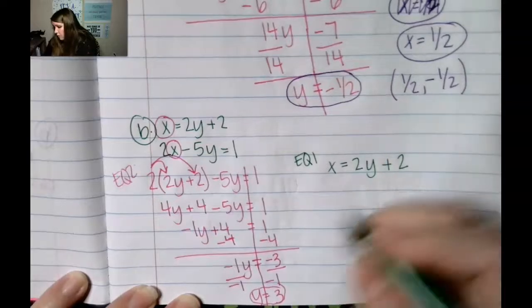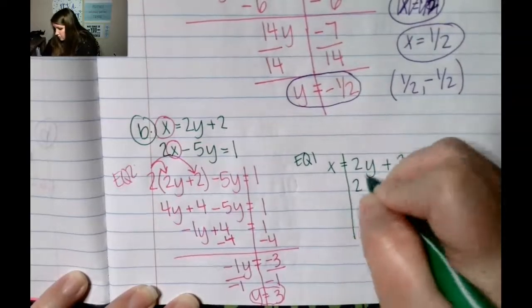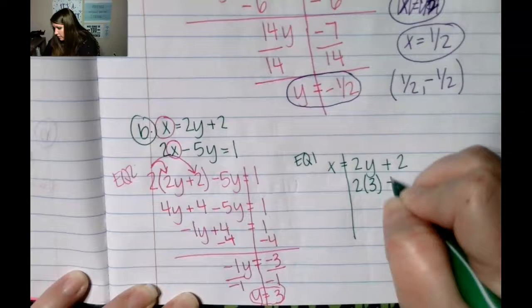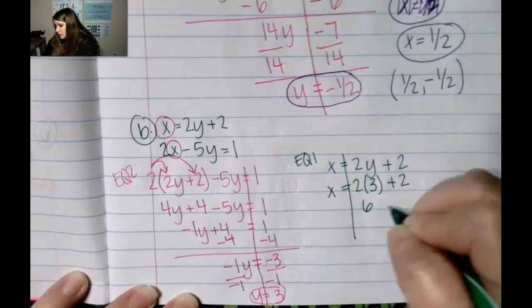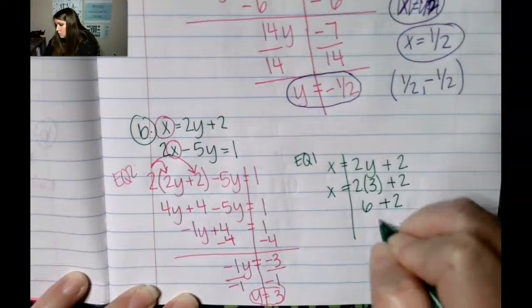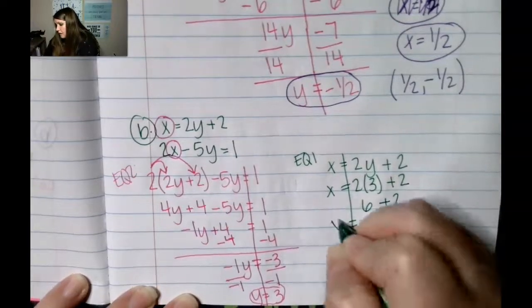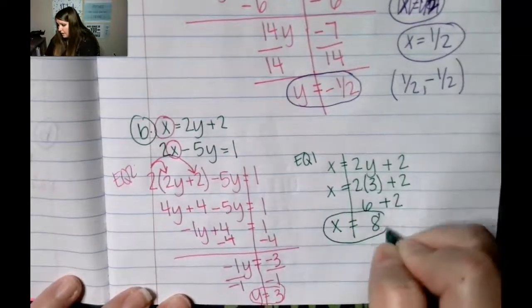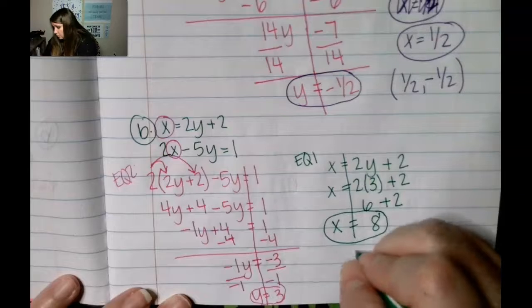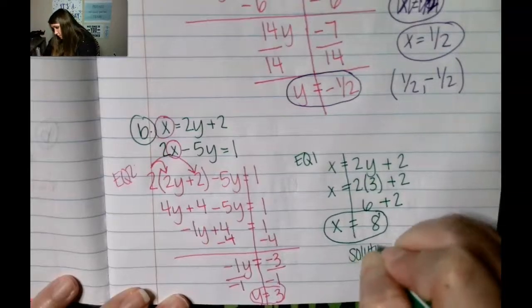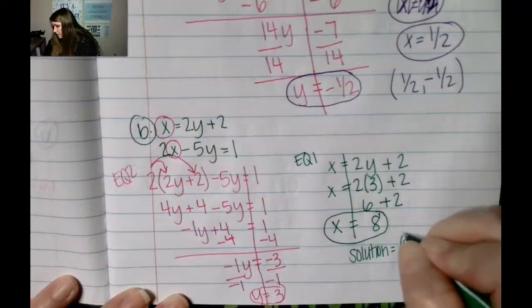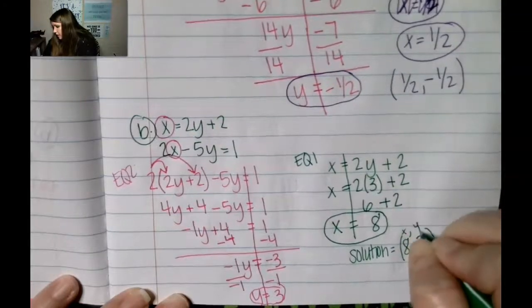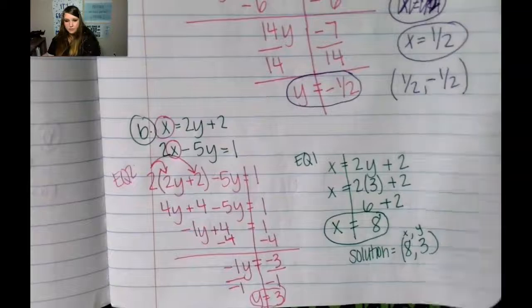So we're going to take y as 3. 2 times 3 plus 2. 2 times 3 is 6. Plus 2, that's 8. So x equals 8. That means that our solution is x is 8, so our x value goes first. y is 3. So x comma y, 8, 3.